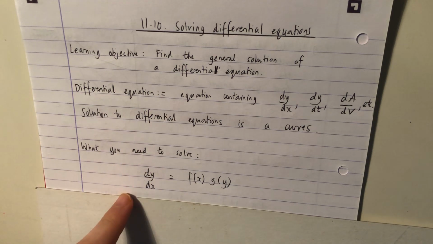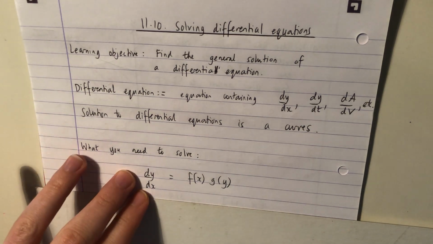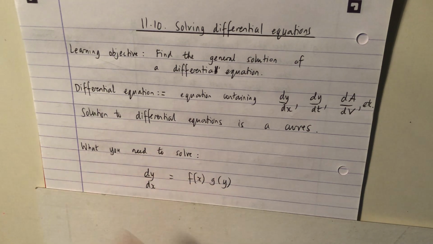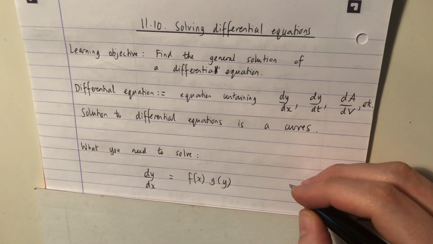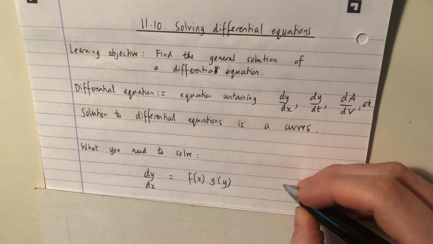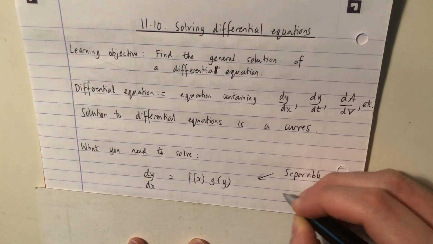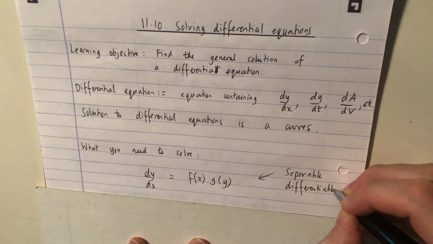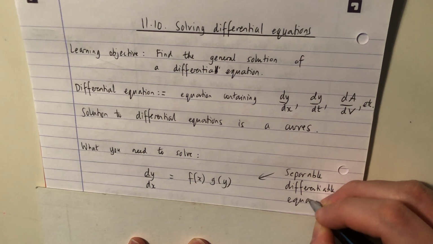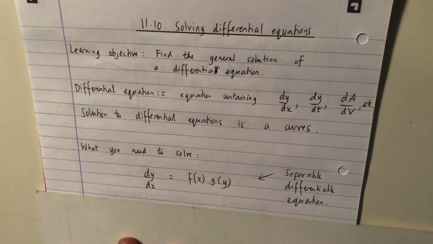Obviously, if we had dv's and dt's, it'd be function of v and function of t. But just 2 different letters, 2 different functions, one for each letter. This is called a separable differential equation. That's the only type of differential equation you have to solve in single maths A level.